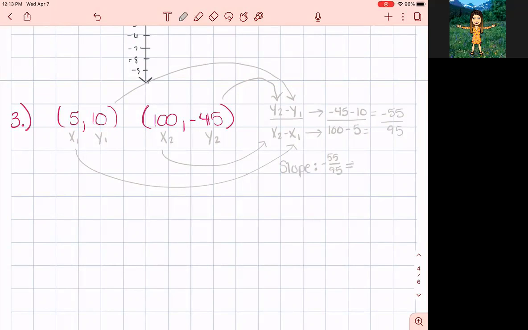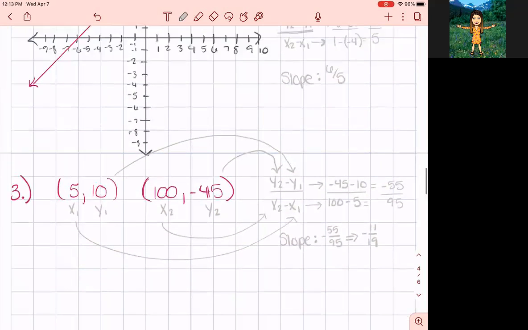We can simplify that by dividing by 5. You get negative 11 over 19. So that's how we use coordinates to find slope. So now you can find slope from a picture of a graph, or you can find slope from just me giving you 2 points on a graph.